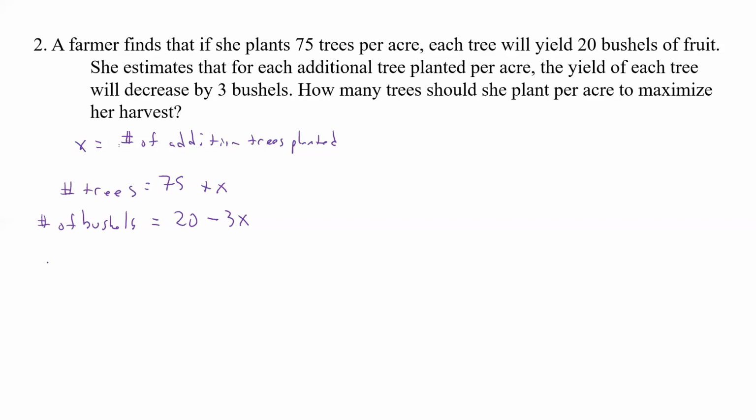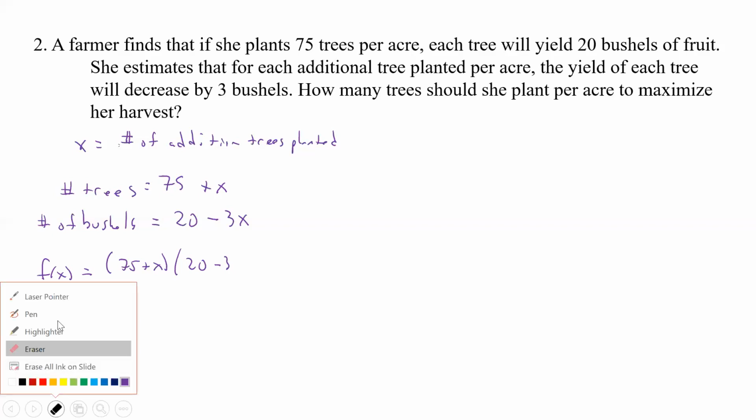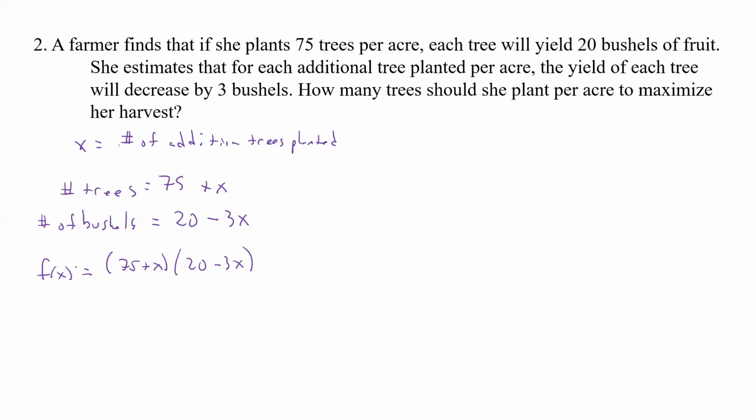So if we say f of x equals 75 plus x times the number of bushels per tree, basically, oops, not 30x, 3x, this should give us the maximum number of bushels for the number of trees she's going to get.